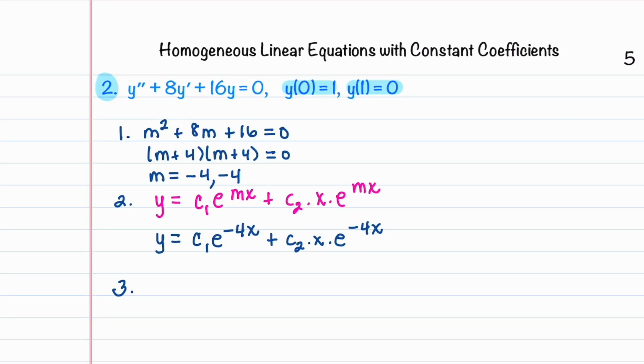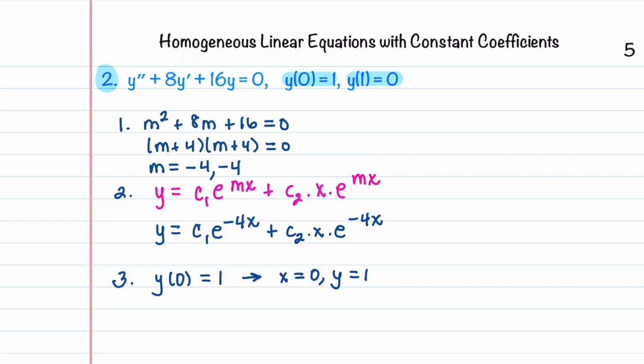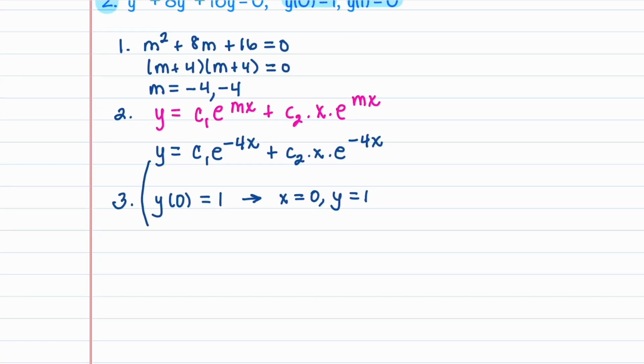Let's use the first condition that y of 0 is equal to 1. So that tells us that x is equal to 0 and y is equal to 1. Let's plug that in. We get 1 is equal to c1 e to the 0 plus c2 times 0 times e to the 0.